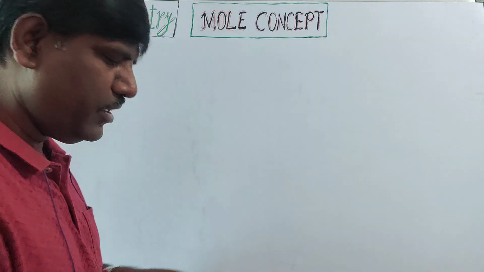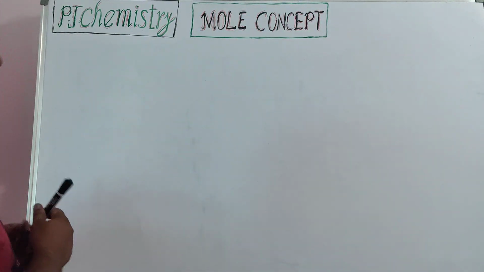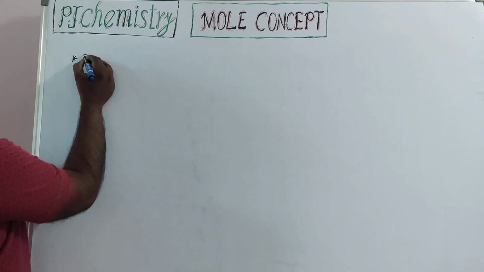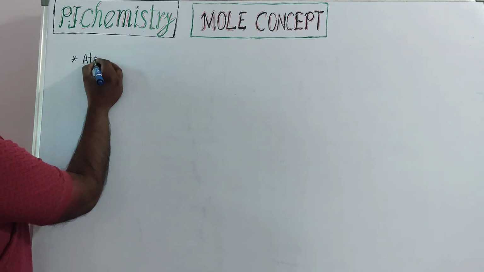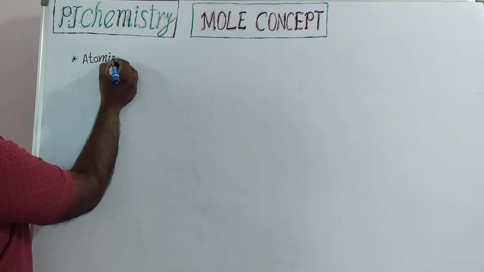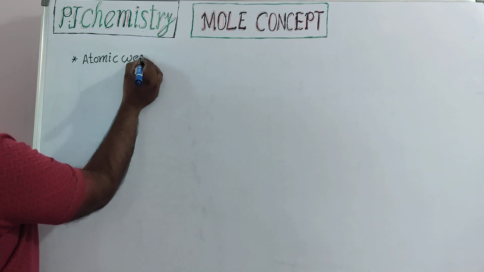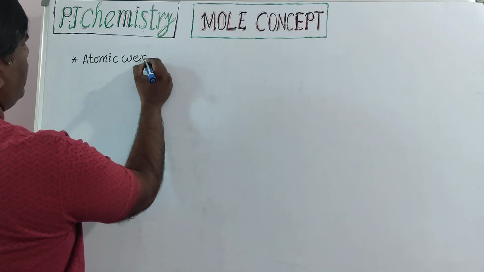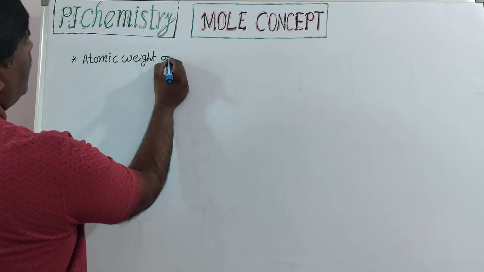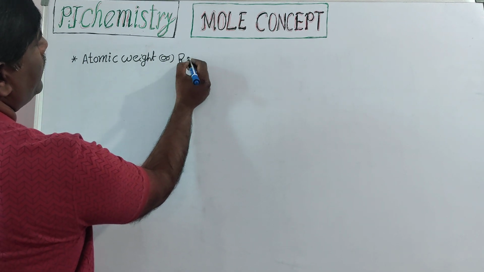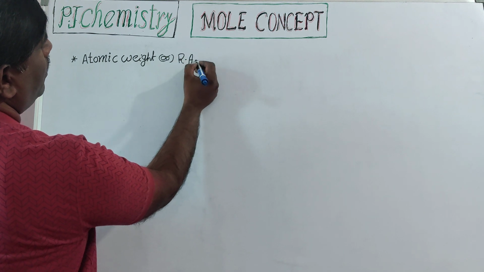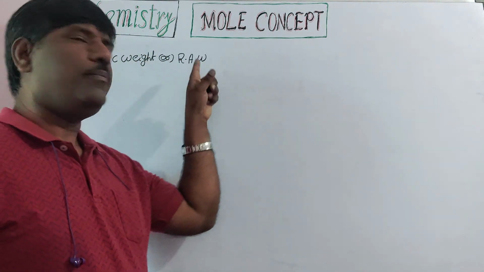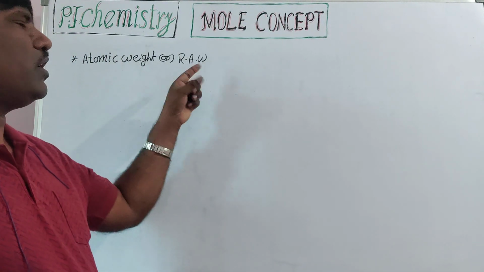Today is the continuation. Atomic mass or relative atomic mass, atomic weight or relative atomic weight, or AW. You can write relative atomic weight or relative atomic mass also.